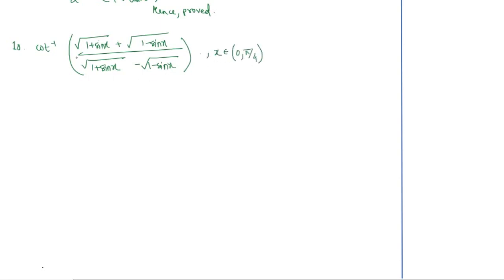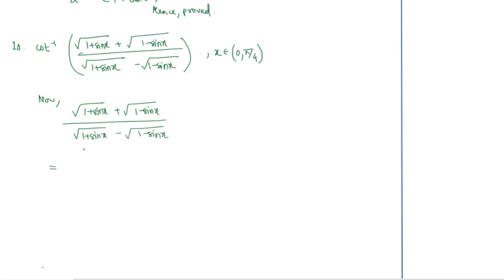Now if we are seeing this kind of complicated thing, the first thing that will come to our mind is to rationalize it. That is what we'll be doing right now. So, root over 1 plus sin x plus root over 1 minus sin x by root over 1 plus sin x minus root over 1 minus sin x.